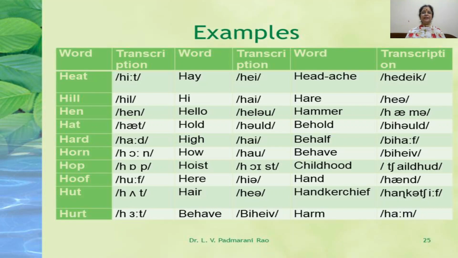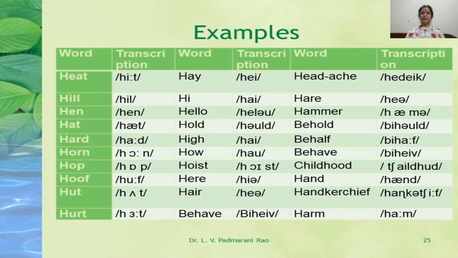H-E-A-T, heat. Repeat after me. H-I-L-L, hill. H-E-N, hen. H-A-T, hat. H-A-R-D, hard. Notice that R sound is never pronounced before the consonantal position.